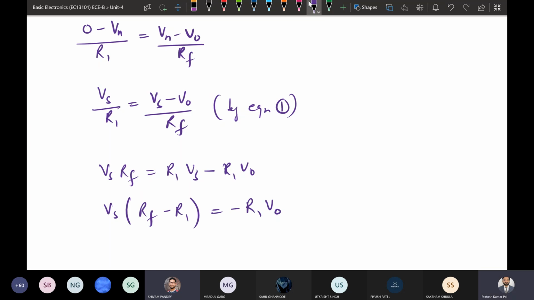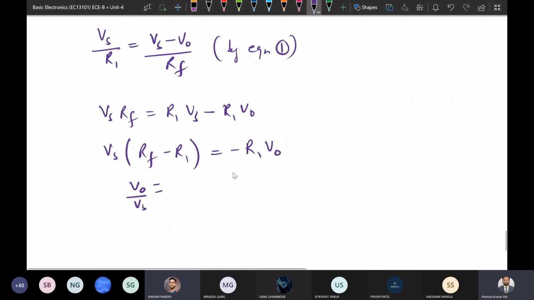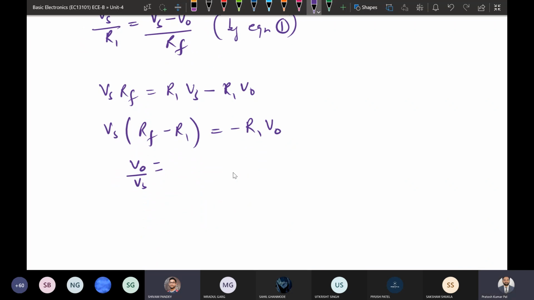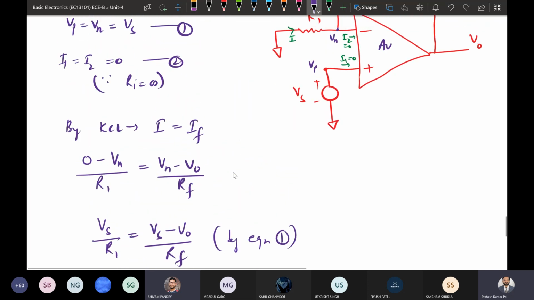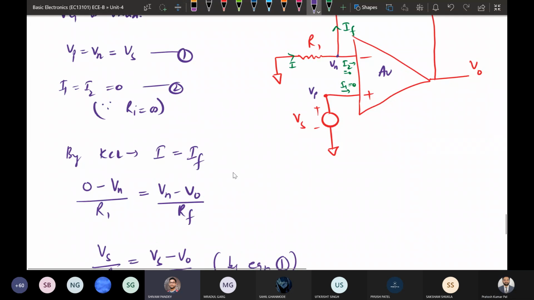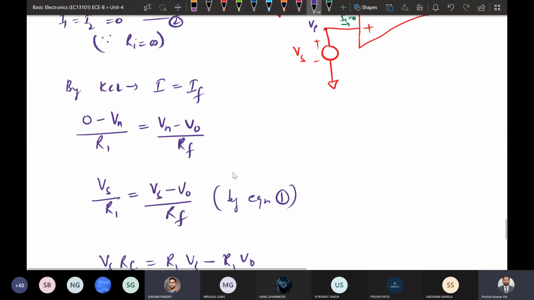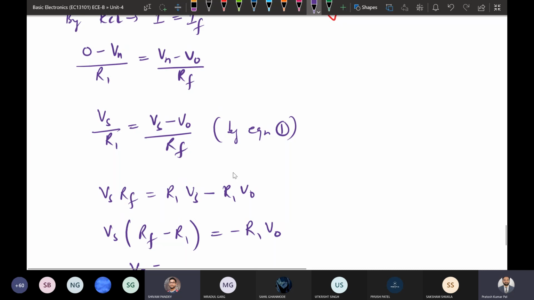Okay, so if we find out V naught divided by Vs will be equals to, okay, so that is okay.